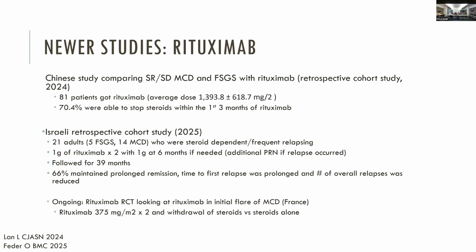Also in 2024, there's a decent sized Chinese retrospective cohort study of people who are steroid resistant or steroid dependent, both minimal change and FSGS. 81 of them got rituximab with an average dose of about 1,400, and 70% of them were able to stop steroids within the first 3 months of rituximab.